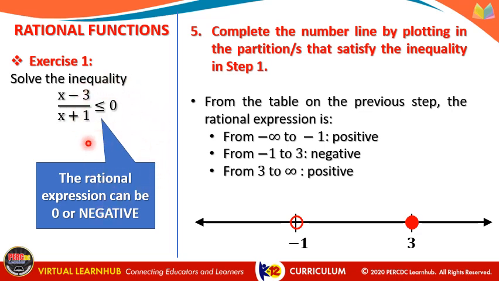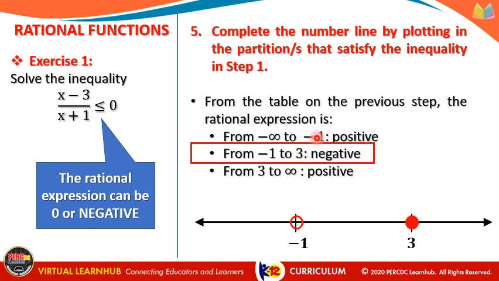Balik tayo sa nakuha natin sa table. Aling interval ang magbibigay ng mga negative numbers? Malalaman natin, the rational expression is negative from negative 1 to positive 3. So sa interval na ito, negative yung ating rational expression.